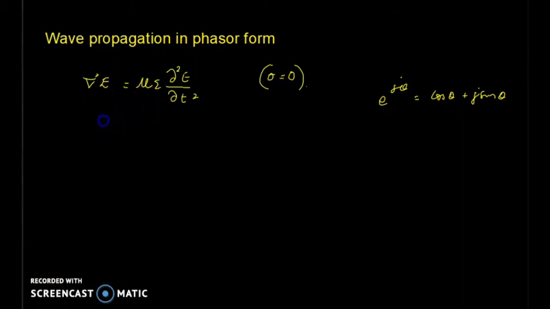So E can be represented as E, the vector representing the magnitude of E, times e power j omega t. The component of the electric field which contributes to the power and helps to propagate the field is the real part of E. So the real part of the complex function is the real part of E into e power j omega t.